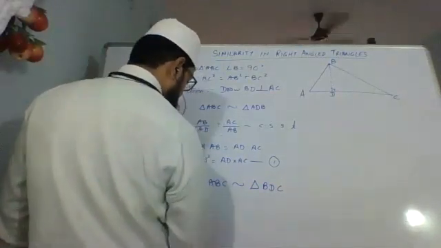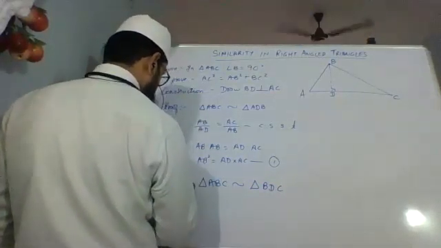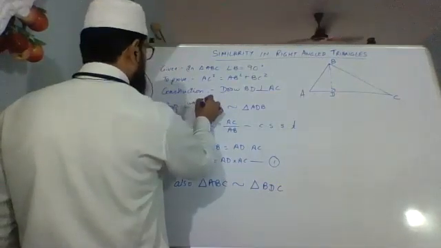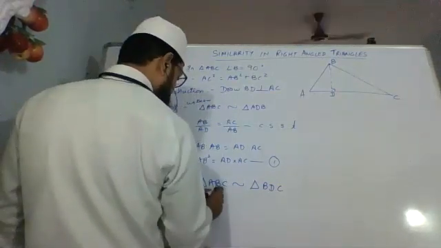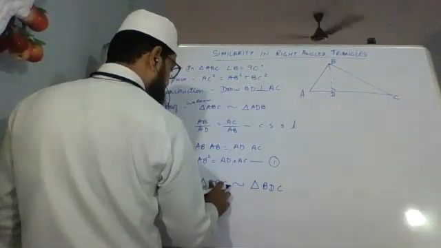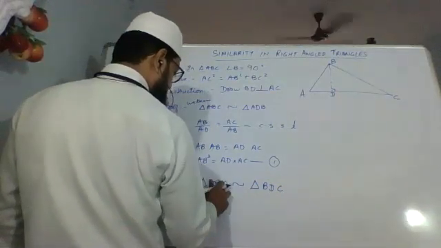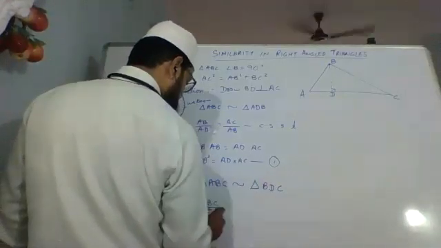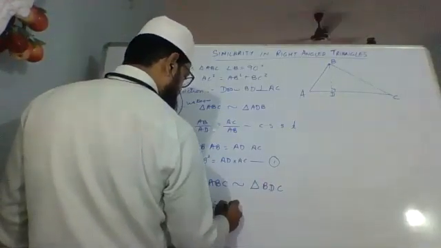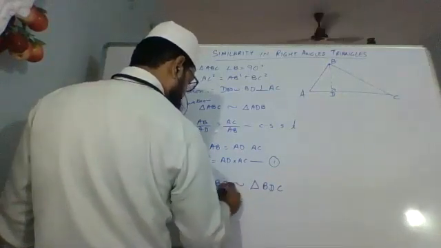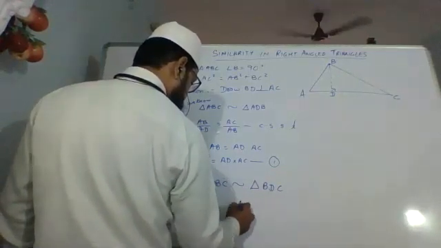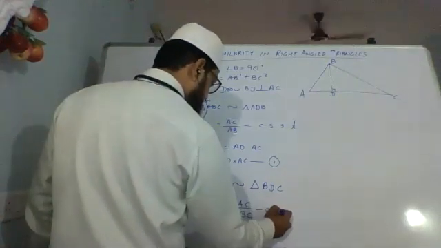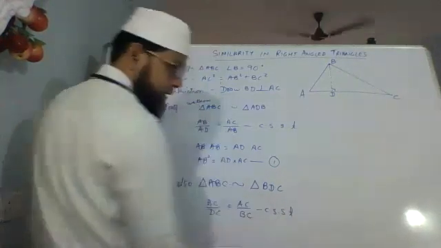Because the triangles are similar, I'll have, again, now I'll not take this, I'll take BC upon DC equals AC upon BC. Again, corresponding sides of similar triangles.